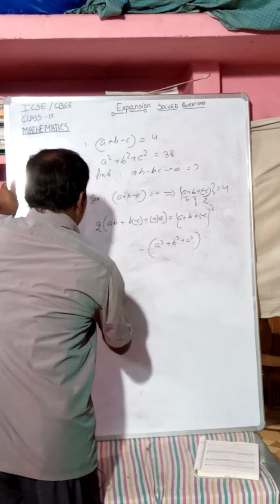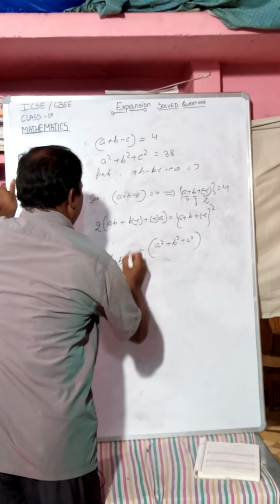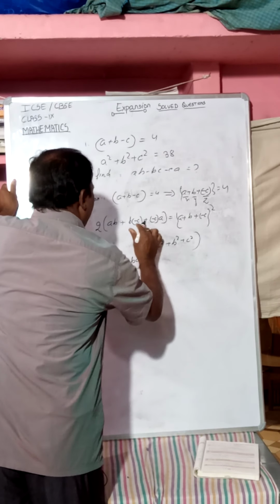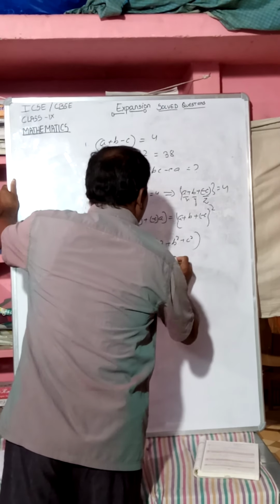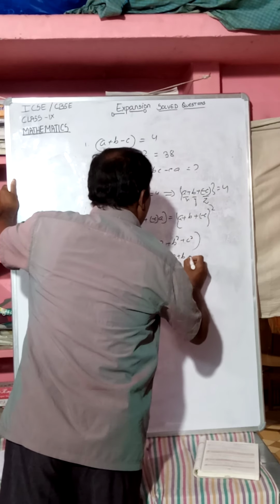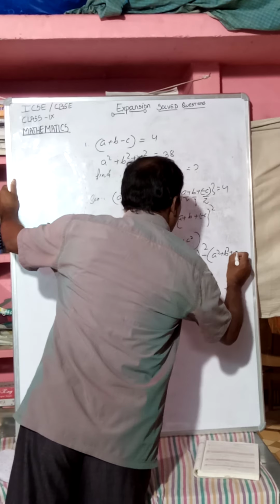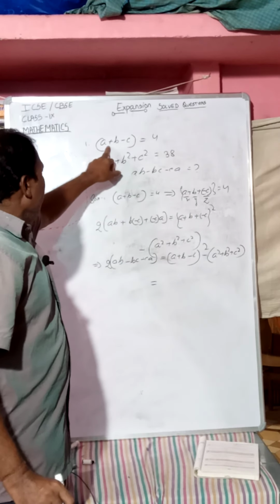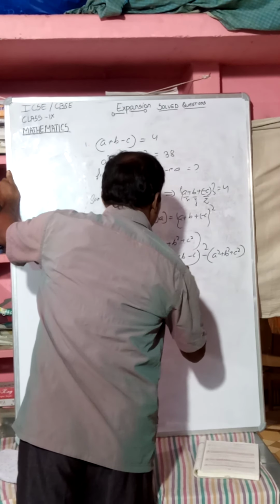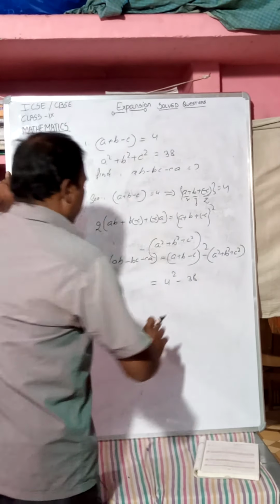Now, it implies that 2 into (ab plus into minus minus bc plus into minus minus ca) is equal to (a plus b plus into minus minus c) whole square minus (a square plus b square plus c square), that is equal to (a plus b minus c) whole square, which is 4 square, minus (a square plus b square plus c square), 38.